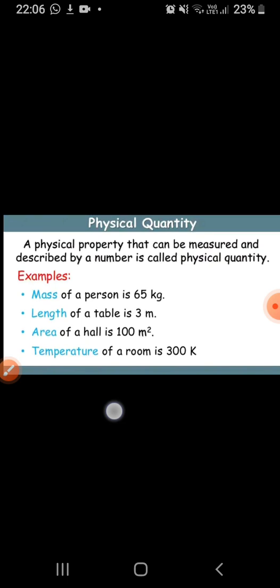Length of a table is 3 meter, area of a hall is 100 meters square, and temperature of a room is 300 Kelvin. So mass, temperature, length, time, all these are physical quantities that can be measured and described by a number.